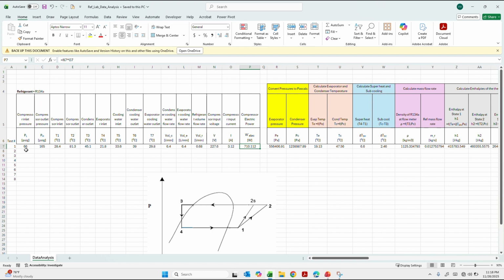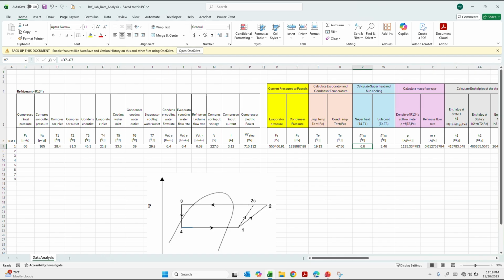All of these are measured in the lab, and I'm showing only one test. Based on those measurements, this Excel file will already do some basic calculations for you. It'll calculate the evap pressures, the evaporator temperatures, the superheat, subcooling, and it'll use the CoolProp.